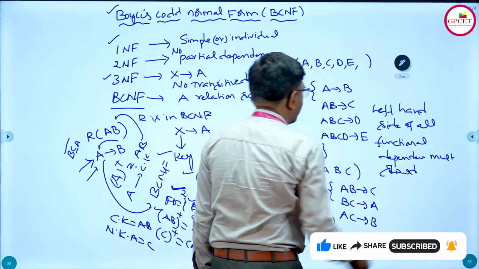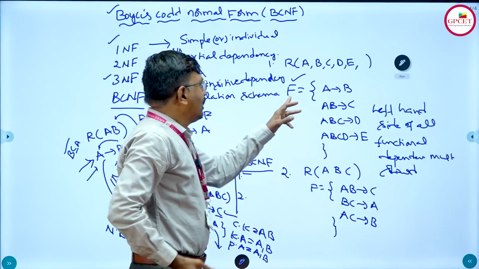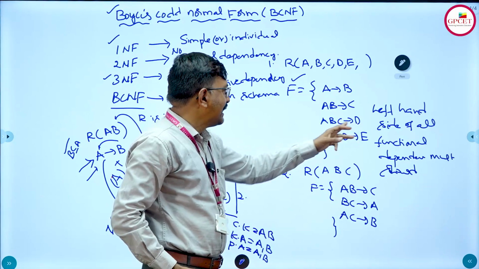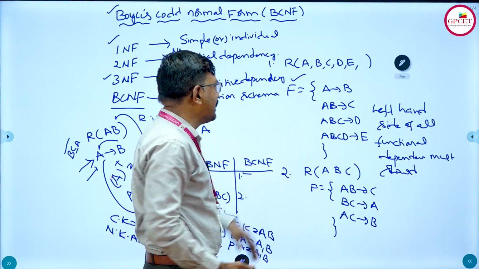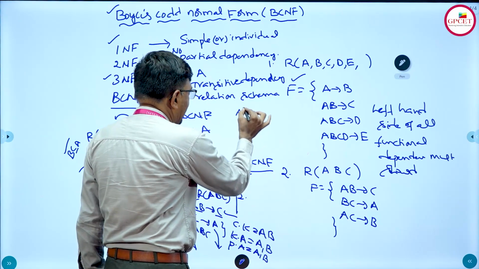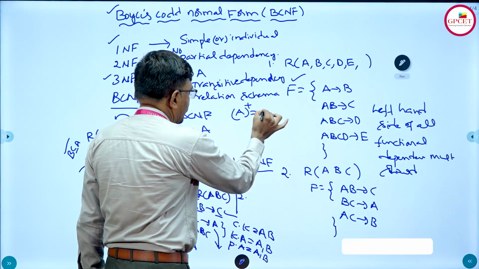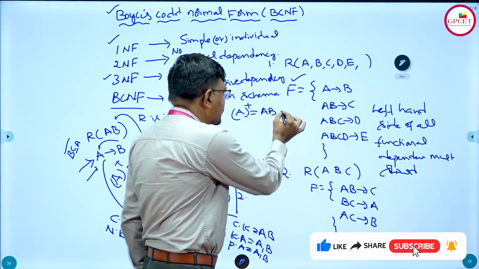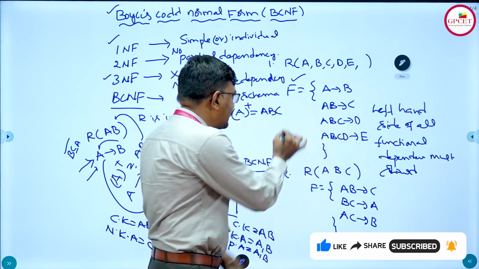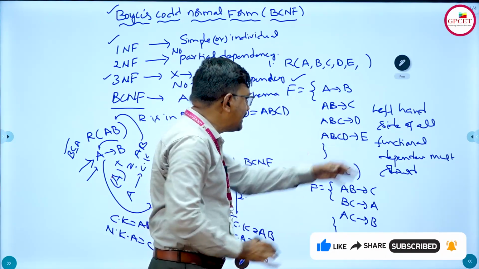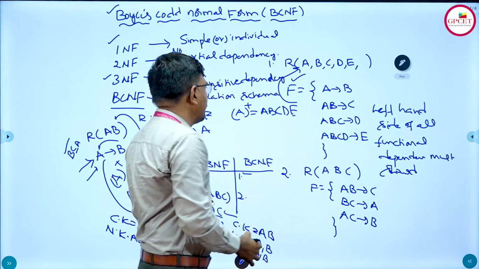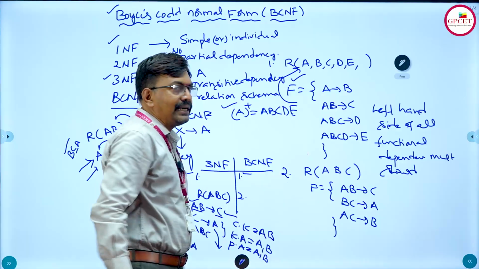According to our definition, observe here, functional dependency F equals A tends to B, AB tends to C, ABC tends to D, ABCD tends to E. First we find the closure. A derives what? B. That is AB. AB derives what? C. ABC derives what? D. ABCD derives what? E. We can get the original relation. That's why A is a key.